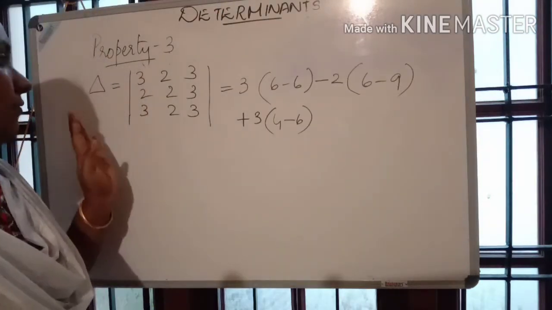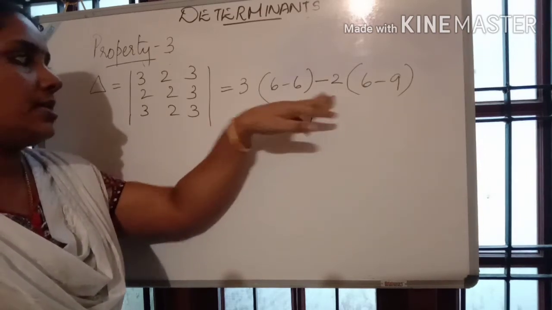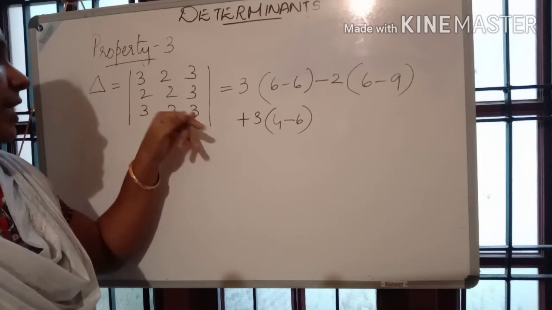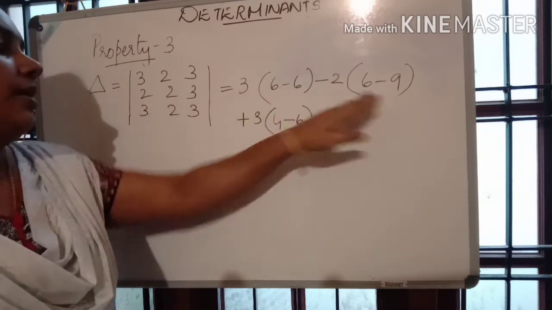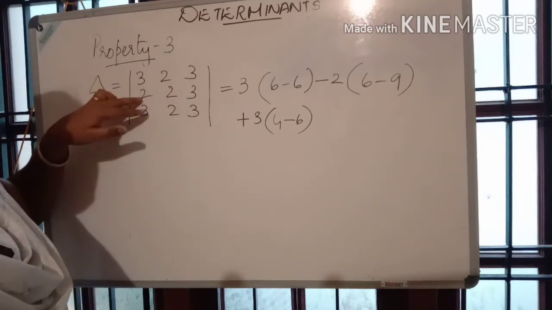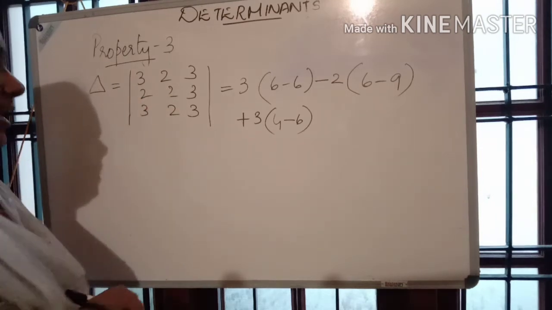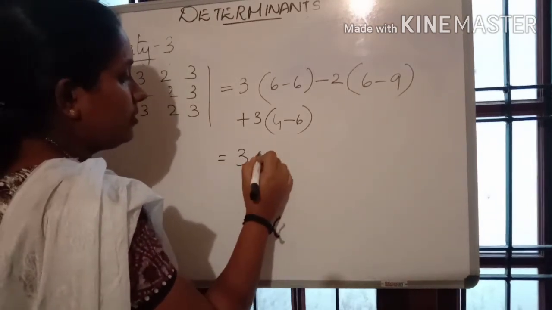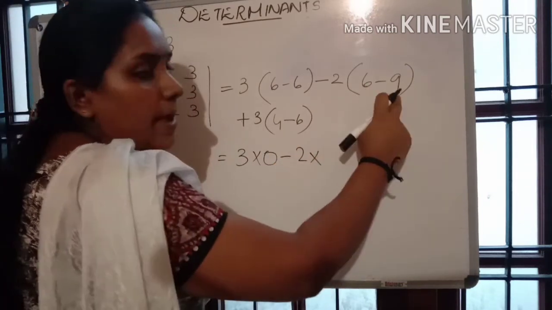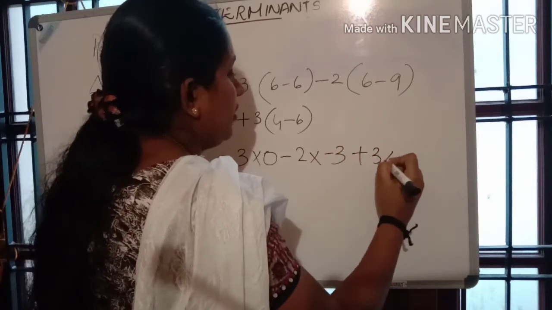Students, find the determinant of this one: 3 into 6 minus 6, minus 2 into 2 into 3, 6, 6 minus 3 into 3, 9, plus 3. Eliminate this column and this row, and we get 2 into 2, 4 minus 3 into 2, 6. Here we get 3 into 0, that is 0, minus 2 into 6 minus 9, which is minus 3, plus 3 into minus 2.